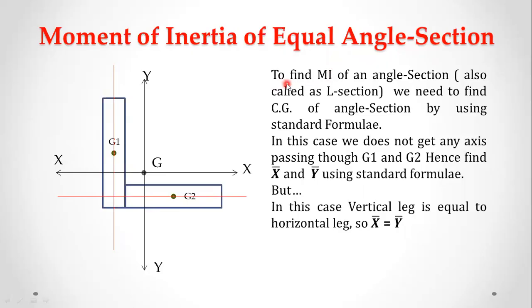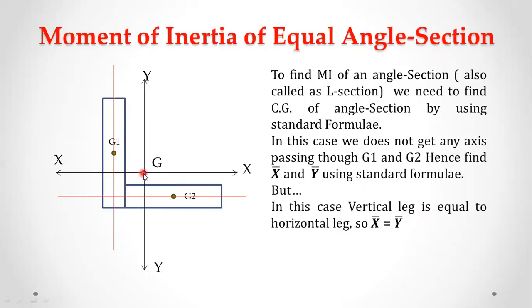We all know that to find the moment of inertia of an angle section, we need to find its center of gravity first. So, by using standard formulas, we are going to find x bar and y bar. In this case, the vertical leg and horizontal leg are equal. That means x bar and y bar will be the same. x bar means the distance of the center of gravity of the L section from the vertical axis, and y bar is the distance of the centroid from the x axis.